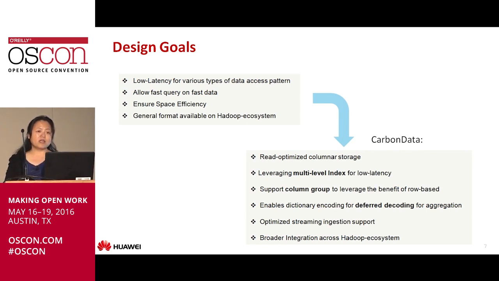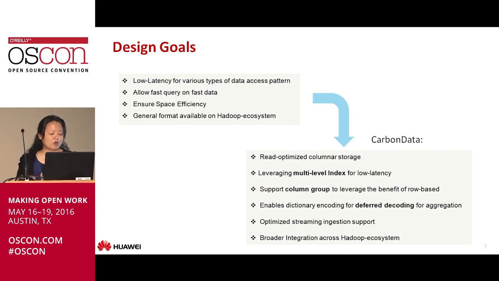So to highlight some key differentiators of CarbonData format compared to other column formats which already exist on big data platforms, CarbonData is a read-optimized columnar storage. How we do that is we leverage multi-level index for achieving low latency. We can talk in detail later on. Supporting column group is another way of leveraging the benefits of row-based as well as column storage.